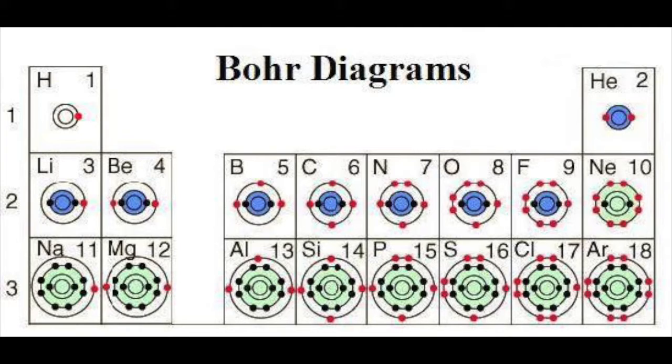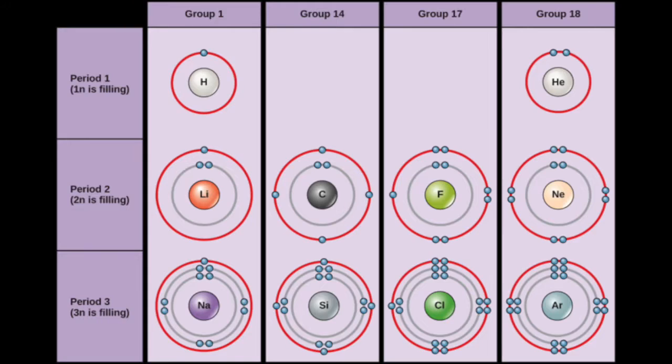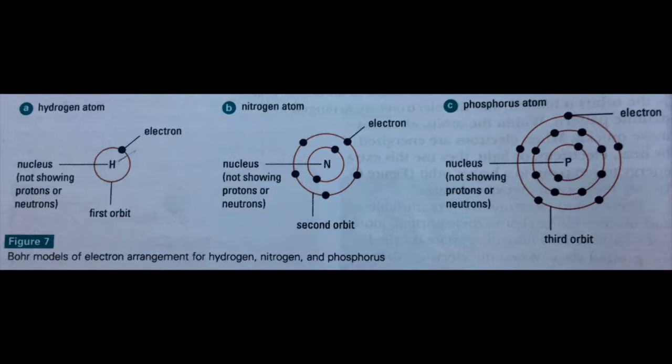A series of concentric circles are drawn around the nucleus to represent the orbits, and electrons are shown in these orbits. The element hydrogen, which has an atomic number of 1, has 1 electron in its first orbit.